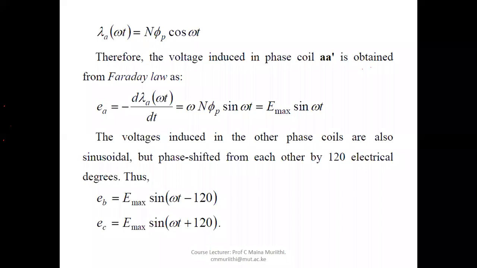And consequently, from Faraday's law of electromagnetic induction, we established that the EMF induced per pole or per coil will be the rate at which the flux linking is changing.